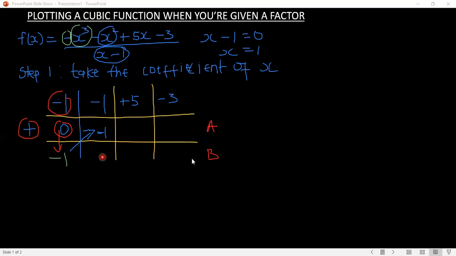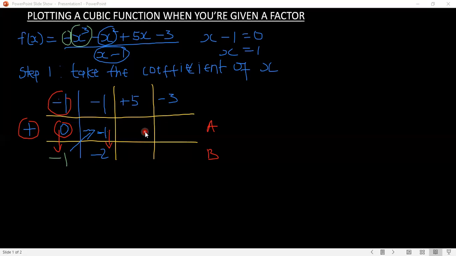Again, for this part, which is layer B, we add -1 plus -1. We get what? We get -2. So from here to there, we are adding.